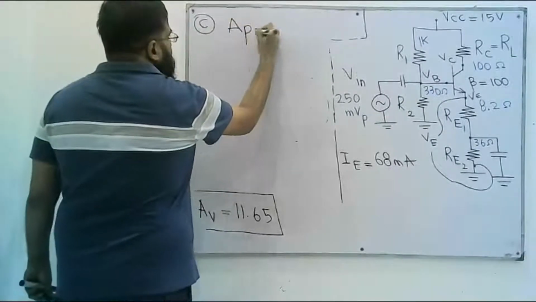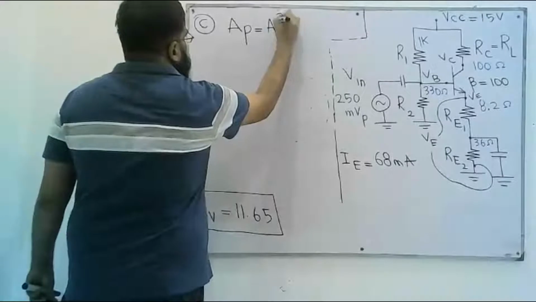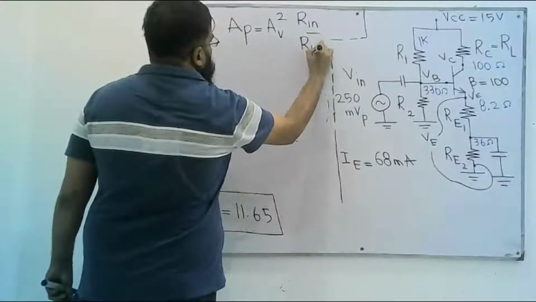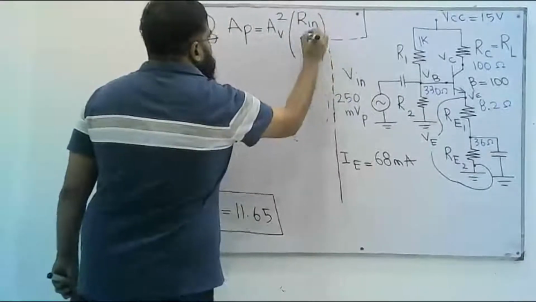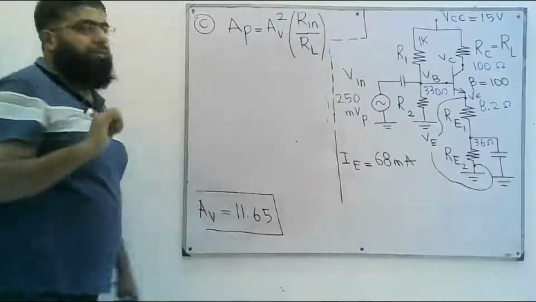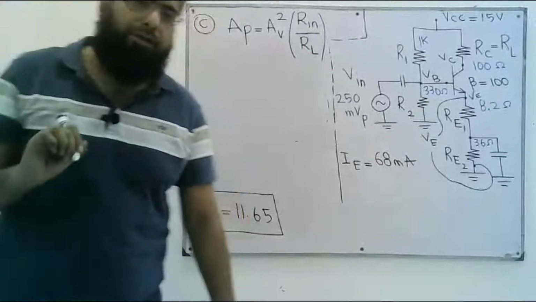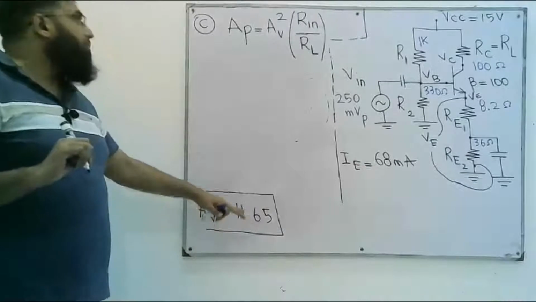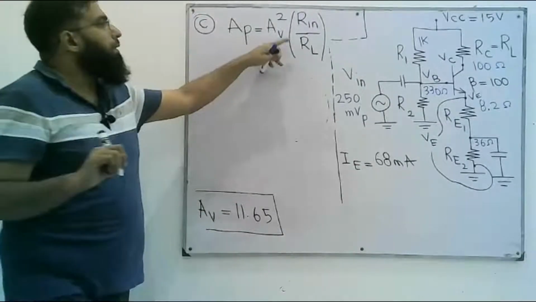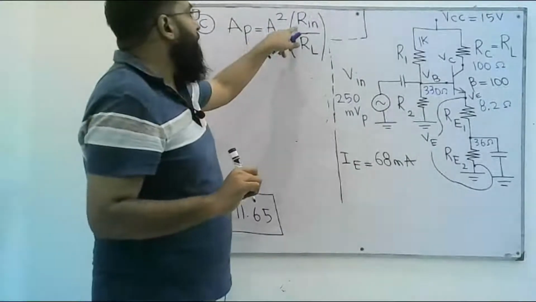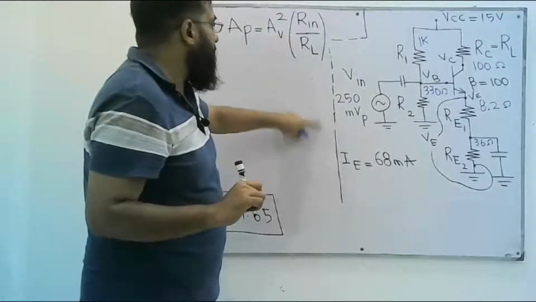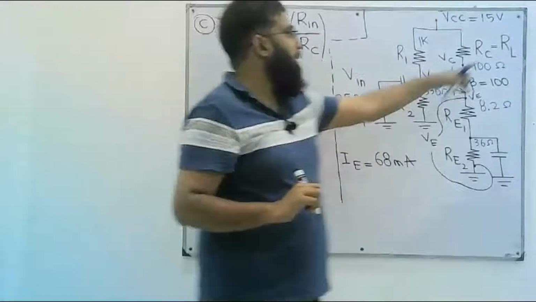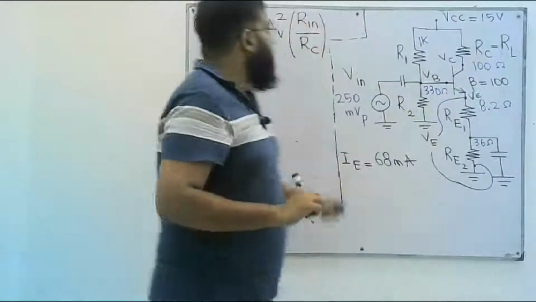We know it is AV squared times Rin over RL. We studied this in one of our previous lectures. So we have computed AV. We just have to square it, multiply this with Rin, and divide by RL. RL is the same as RC here.